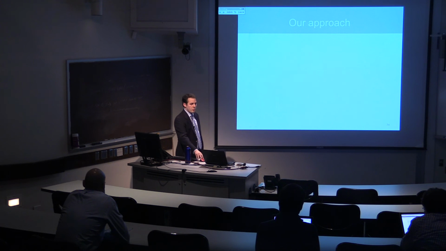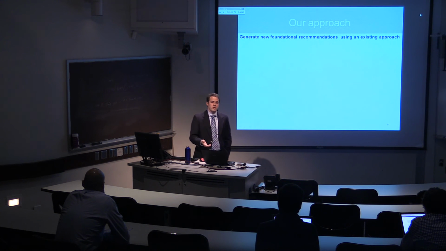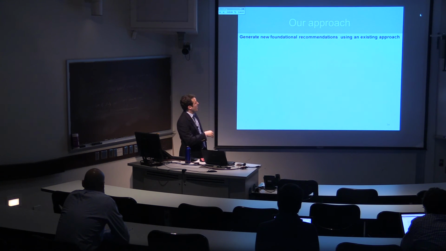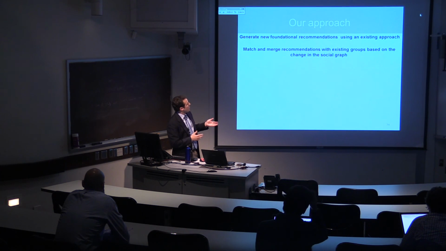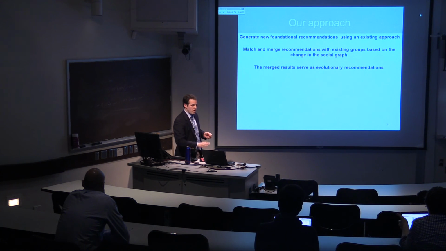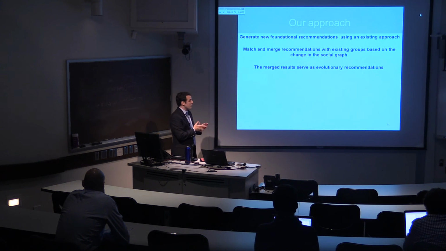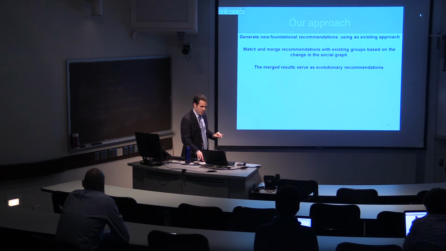So our approach first generates new foundational recommendations using an existing approach, meaning it's composable with past successful foundational recommendation approaches. We then match and merge recommendations with existing groups based on the change in the social graph. Then these merged results serve as evolutionary recommendations, the merging of the recommendations with the existing groups.